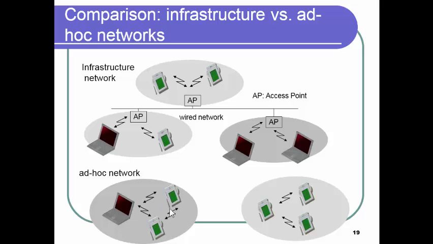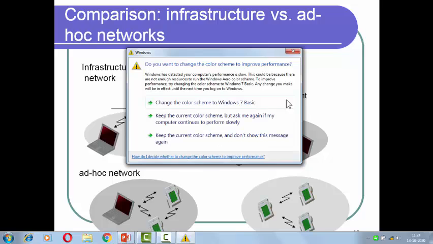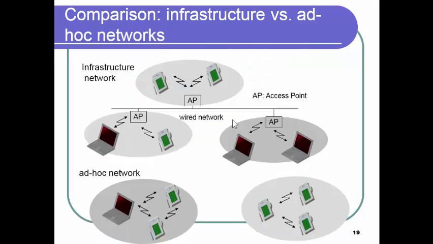In case of an ad hoc network, sometimes called peer-to-peer or point-to-point, it is a temporary network where the devices are configured in such a way that they share the information. So here two mobile phones and one laptop are connected with each other for data communication.